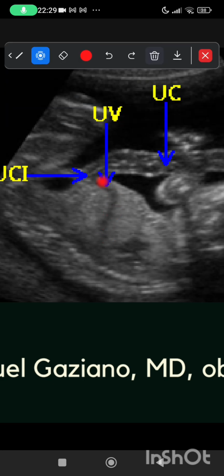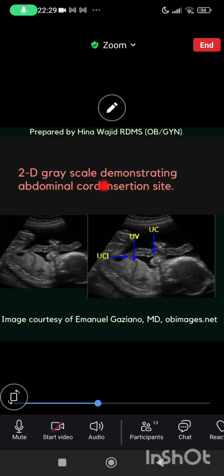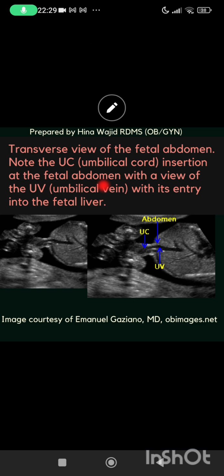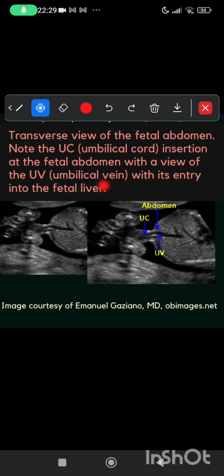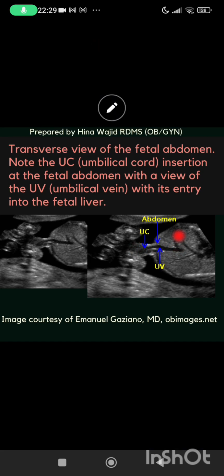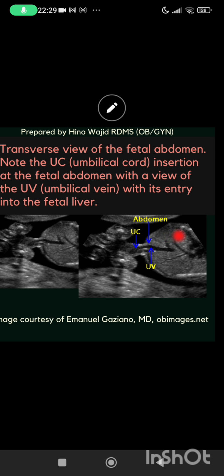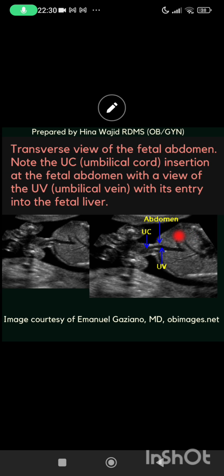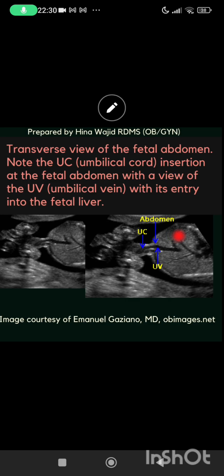Anyone? Umbilical vein. Yes, umbilical vein. And here we can see again the transverse section, and we can see the umbilical vein entering the fetal abdomen. This is the same image, umbilical cord insertion at the abdomen, and we can see the umbilical vein enters into the liver.